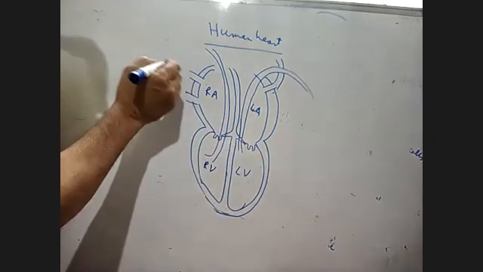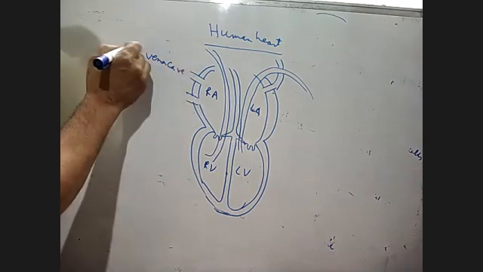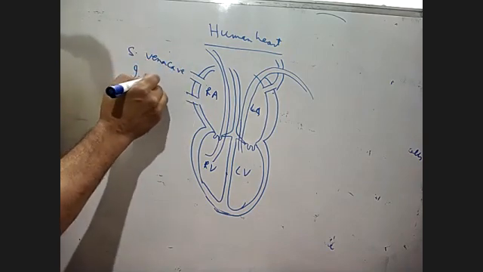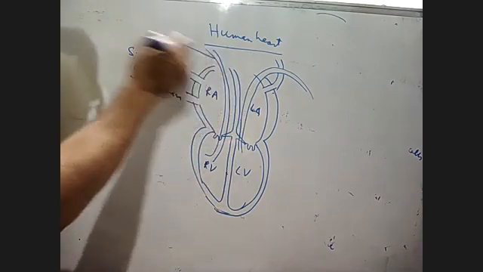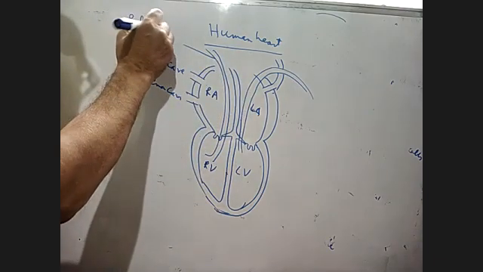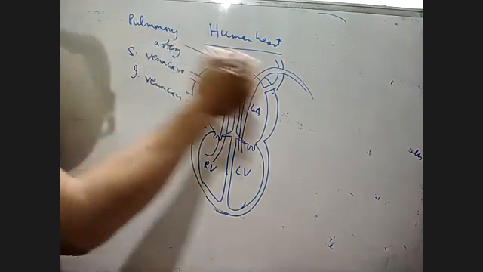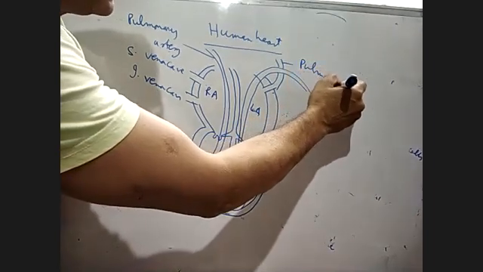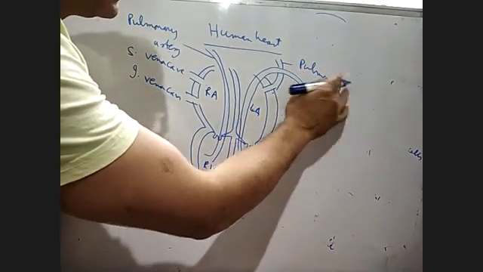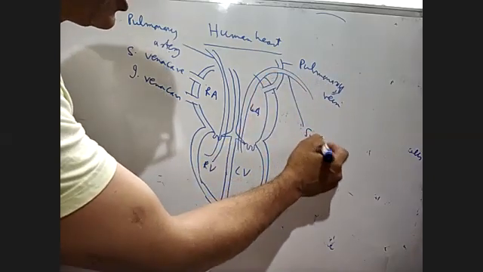These are the superior vena cava and inferior vena cava, and this is called the pulmonary artery, and this other one is called the pulmonary vein, and this is the systemic aorta.